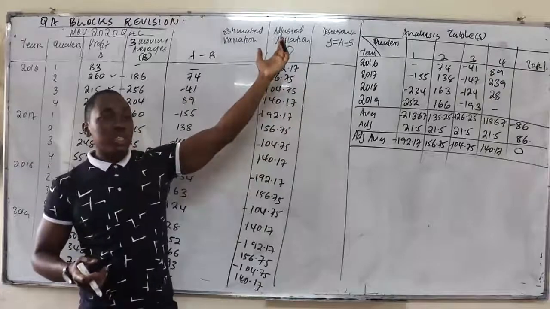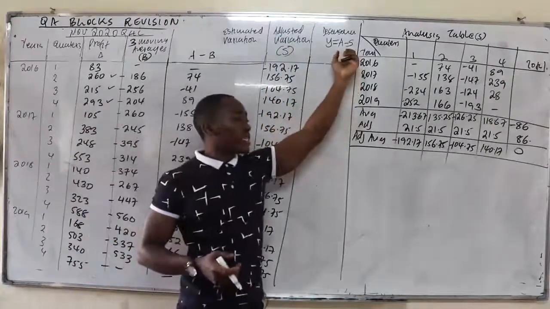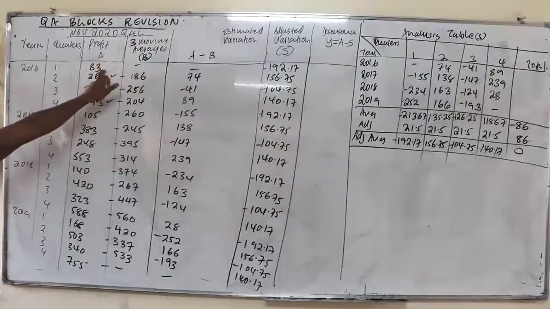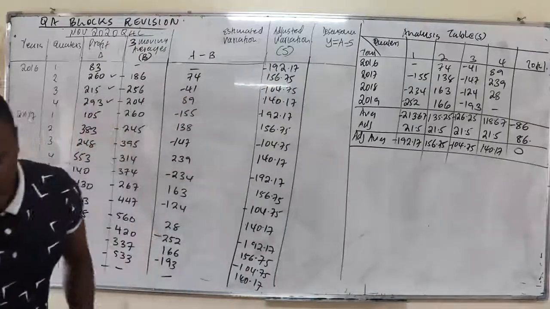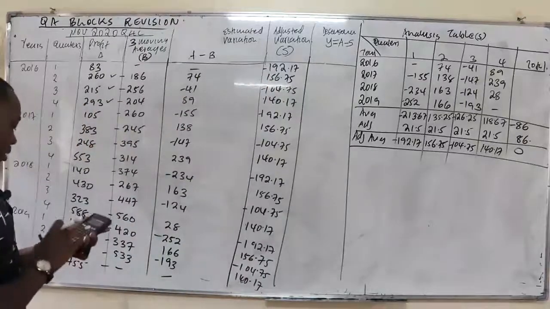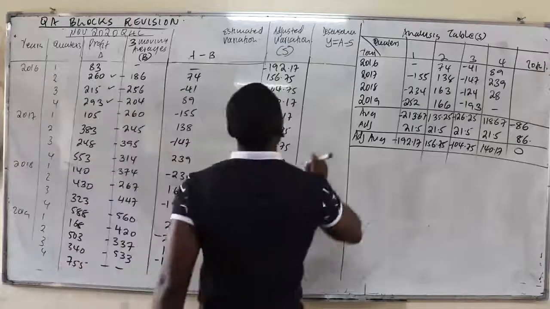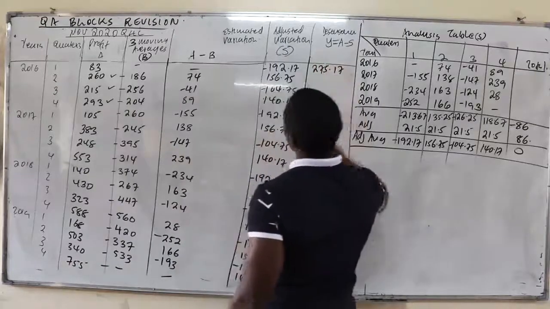Nothing changes. You take the actual data and you subtract S, the adjusted. So for example, the first one, this is what you do. You take 83, you minus negative 192.17. So let's do that. 83, you get 275.17. The second one, you do the same.